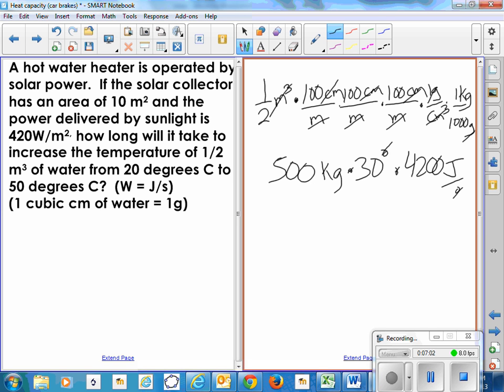So the degrees cancel, and we can collect the 420, well, 4,200, because we have 10 square meters.